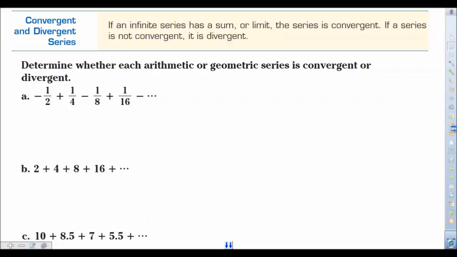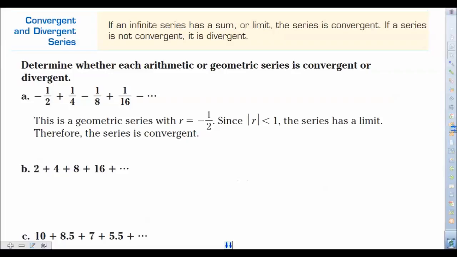When you look at that first one, because of the alternating signs, we can tell that our r value is going to be a negative ratio here, and notice that you're multiplying each one of these by a negative half. Now, since that r, that common ratio, has an absolute value less than 1, this series does have a limit.